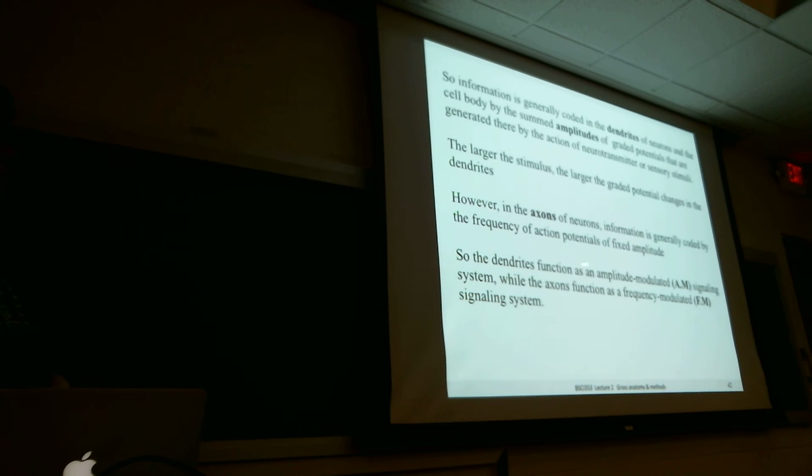Okay, so dendrites basically function as an AM signal, an amplitude modulated signal. And another way to think of it is the axons function as a frequency modulated signal. So in the dendrites, you're counting the amplitude of the graded signals. In the axons, you're really counting how many spikes you have. So a spike count.